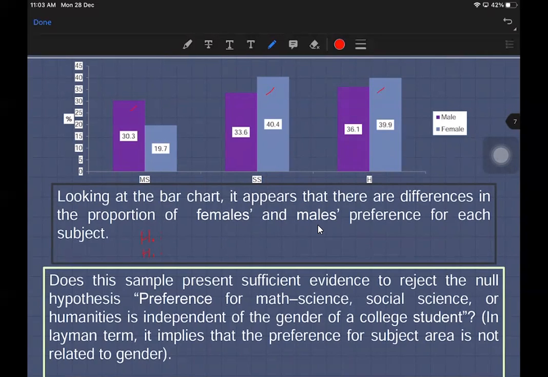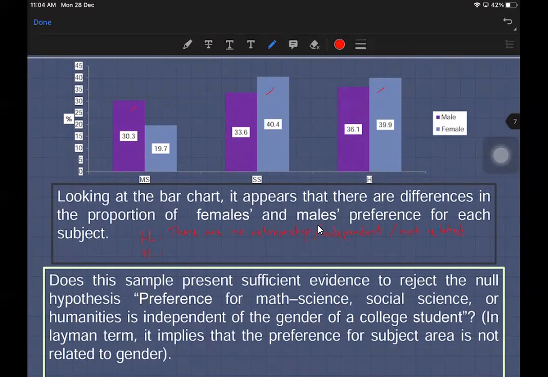But for chi-square test of independence, the null hypothesis keyword will be there is no relationship, or the two variables are independent, or not related.